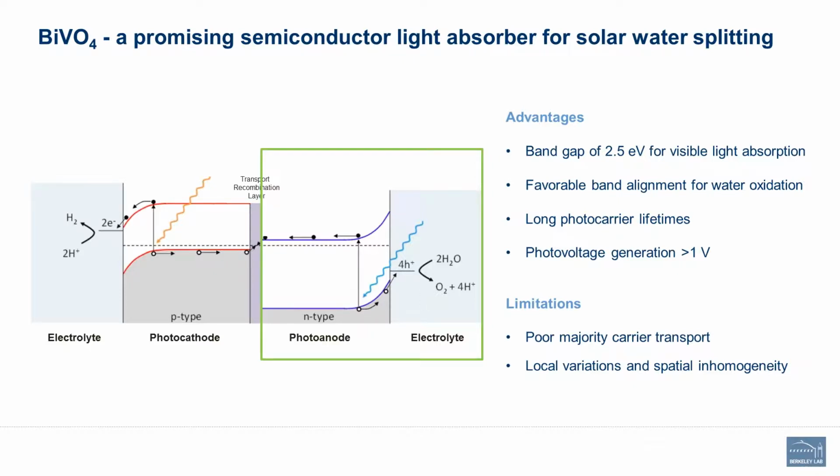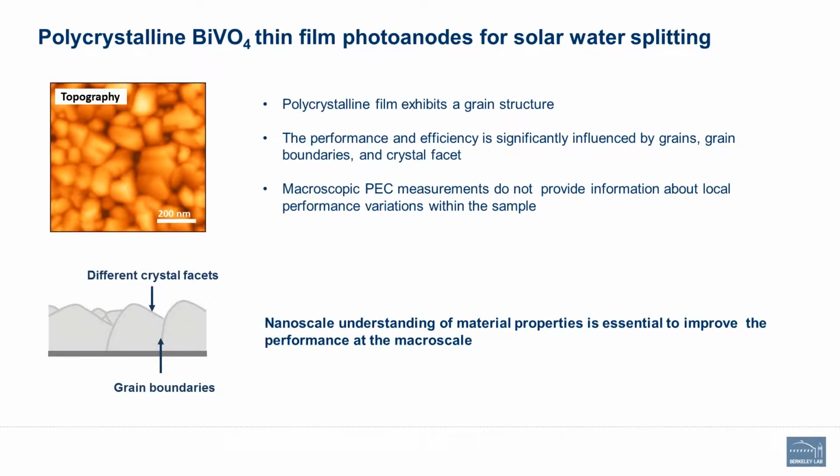For example, in polycrystalline BiVO4 films, the structure is dominated by grains, and thus in these electrodes, the performance usually can be dominated by the grains, grain boundaries, or crystal facets. However, usually used photoelectrochemical measurements use large-scale electrodes, which don't provide any information about these local variations in the performance.